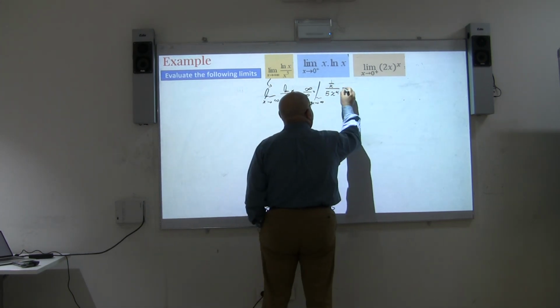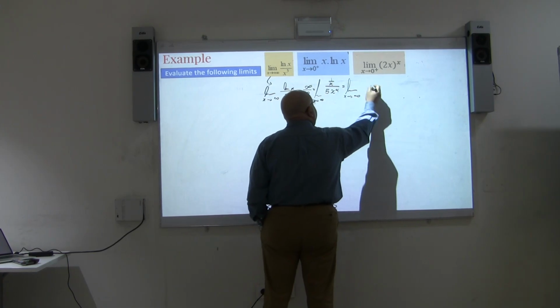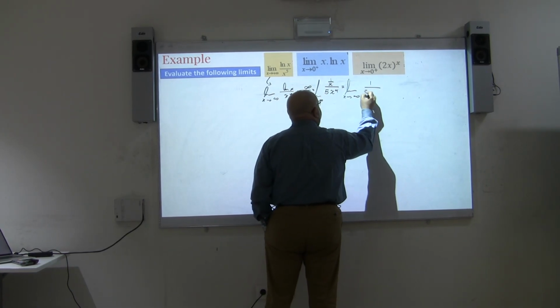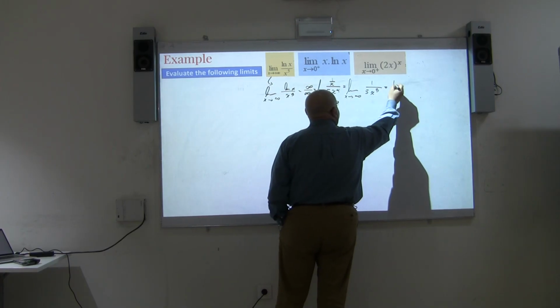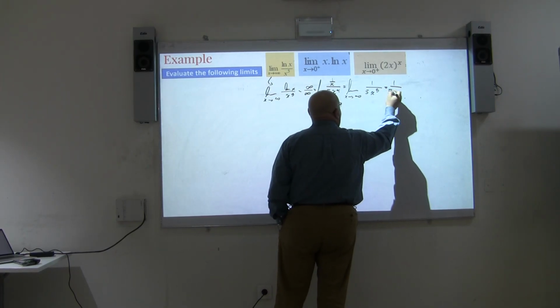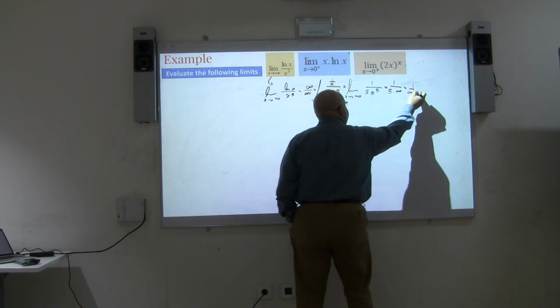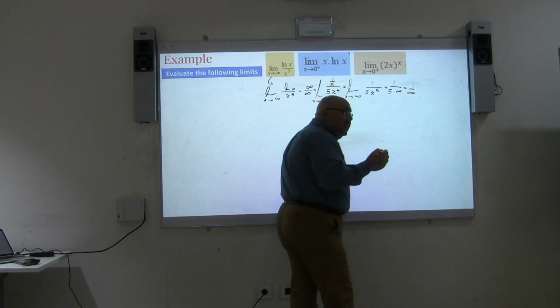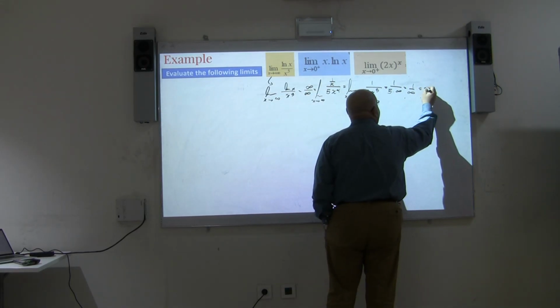So as you can see, this is exactly like limit x tends to infinity of 1 over 5x to the power of 5. Once you make a substitution, it's going to be 1 over 5 times infinity, which is 1 over infinity. And as you know, anything divided by infinity, the result is going to be 0.